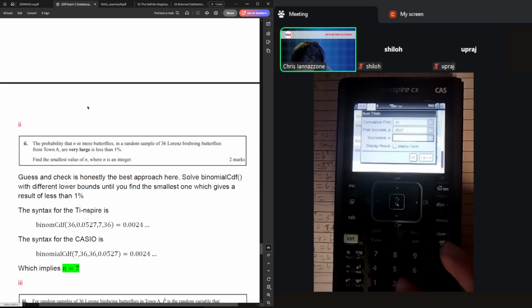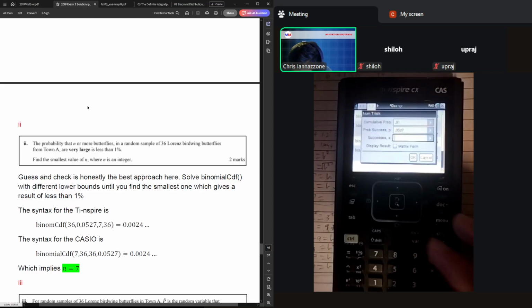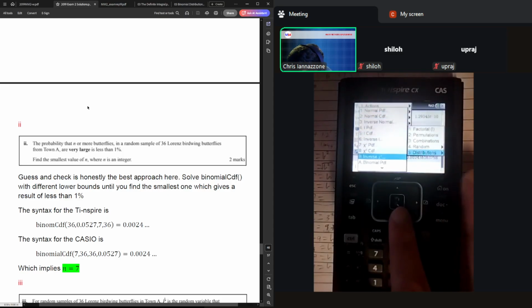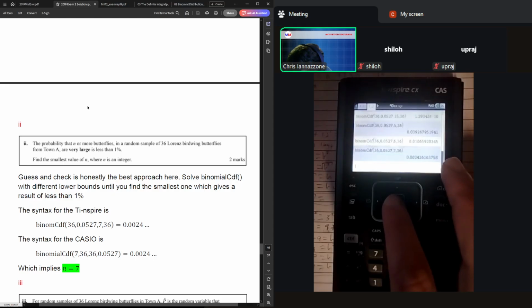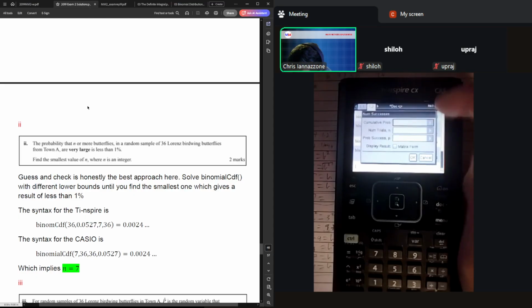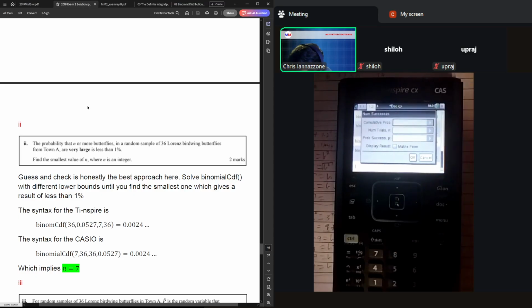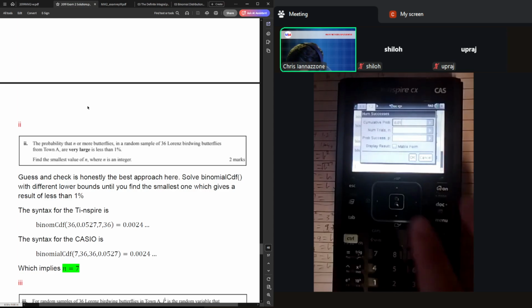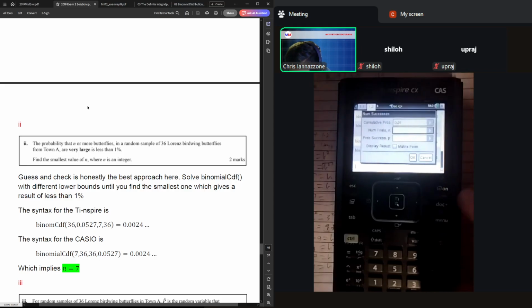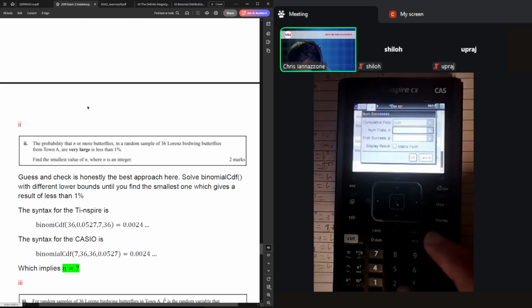Number of successes, no. This is the total number of trials. Must be the other one then, which would be inverse binomial for... Alright, let's just try it, see if it works. I feel like this is like an inverse PDF type thing, where we want a CDF.